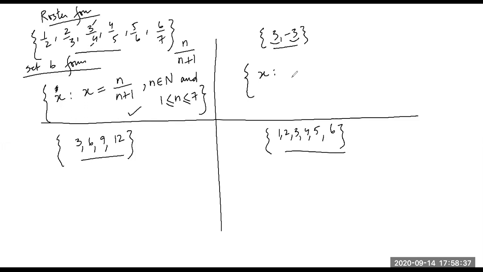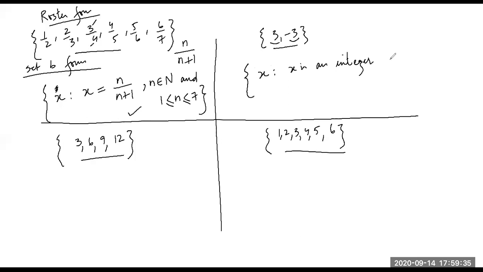Yes. See, the main thing is, how can I write this? So I start this: set of all x such that, now x is basically what, minus is also there. So that means x is an integer. x is also an integer, right?